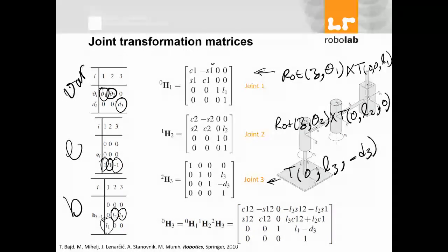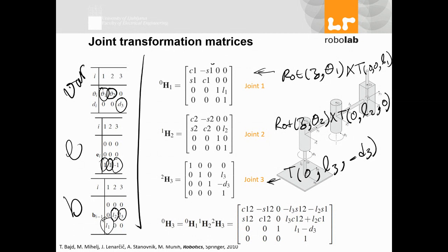When you have these vectors, you don't need to refer to your robot again to see details of how and why. You build up this table based on the physical, geometrical representation of your robot. Then you can easily get each part of the transformation and finally combine them together to get this one. Any question?